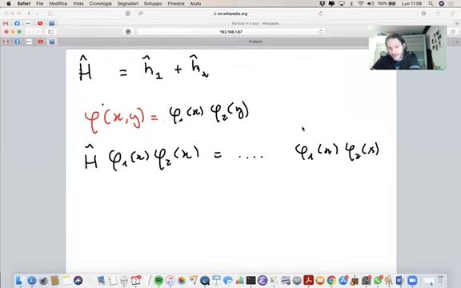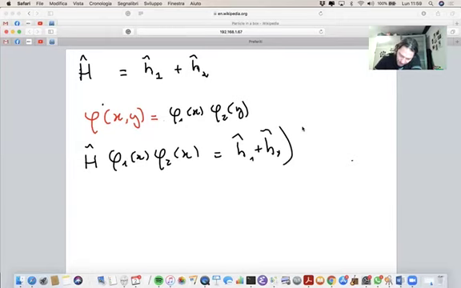If I do find something like that, it means that this particular product is a solution of the stationary Schrödinger equation. Okay, so let's go ahead. This is going to be H1, first Hamiltonian plus second Hamiltonian acting on phi 1, phi 2, right?